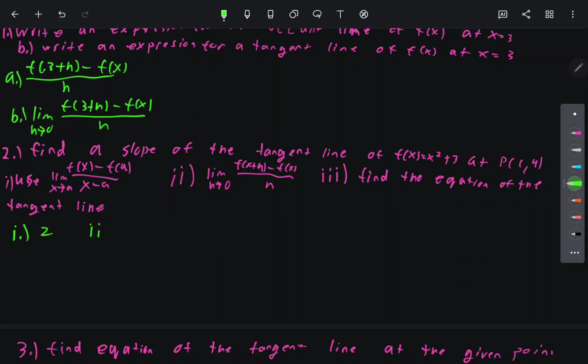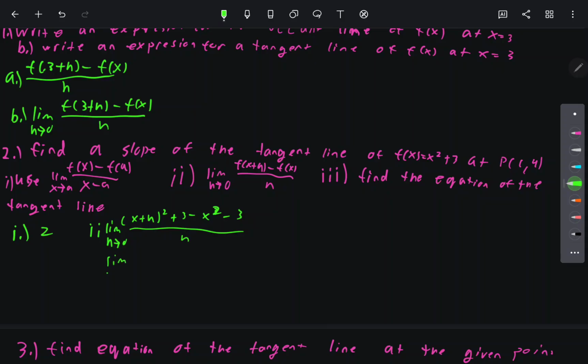we are going to do x squared. So we want x plus h, so we want the limit as h approaches 0 of x plus h squared plus 3 minus x squared minus 3 all over h.